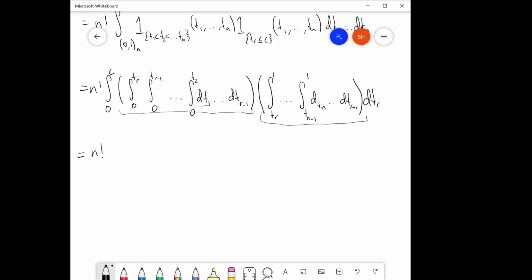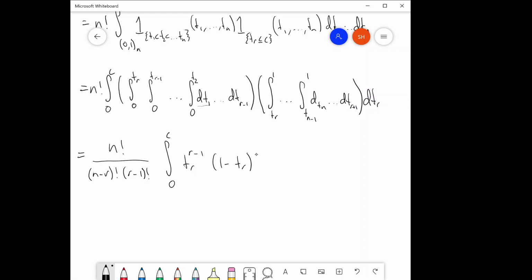I'm going to skip to the punchline, which is what you end up with: n factorial over (n minus r) factorial times (r minus 1) factorial, times the integral from 0 to c of t_r to the r minus 1, times (1 minus t_r) to the n minus r, d t_r.